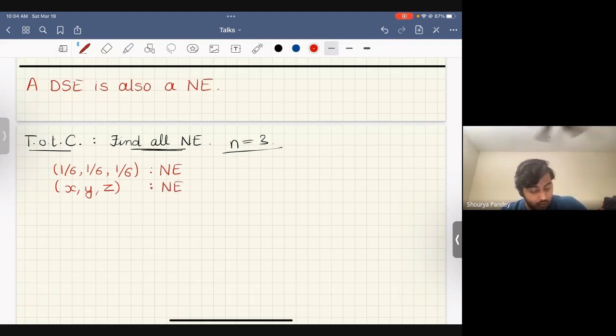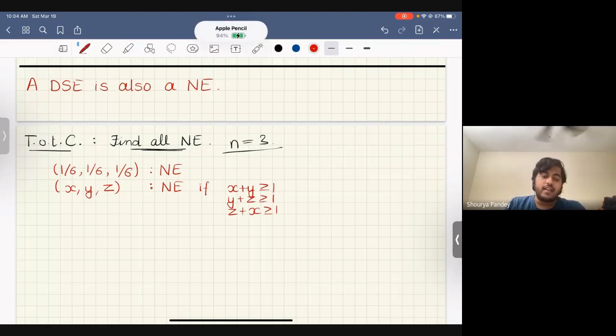Yes, that is true. If x plus y is at least 1, y plus z is at least 1, and z plus x is at least 1. Do you see why? Because this guarantees that no matter how you change your own strategy, nobody gets anything because the sum is at least 1, no matter what you do.